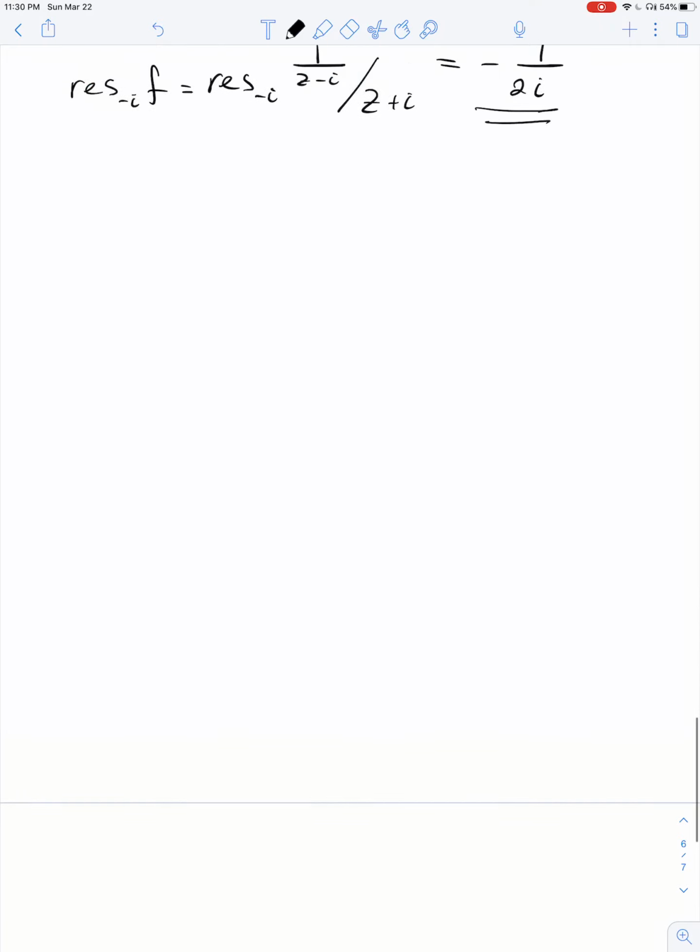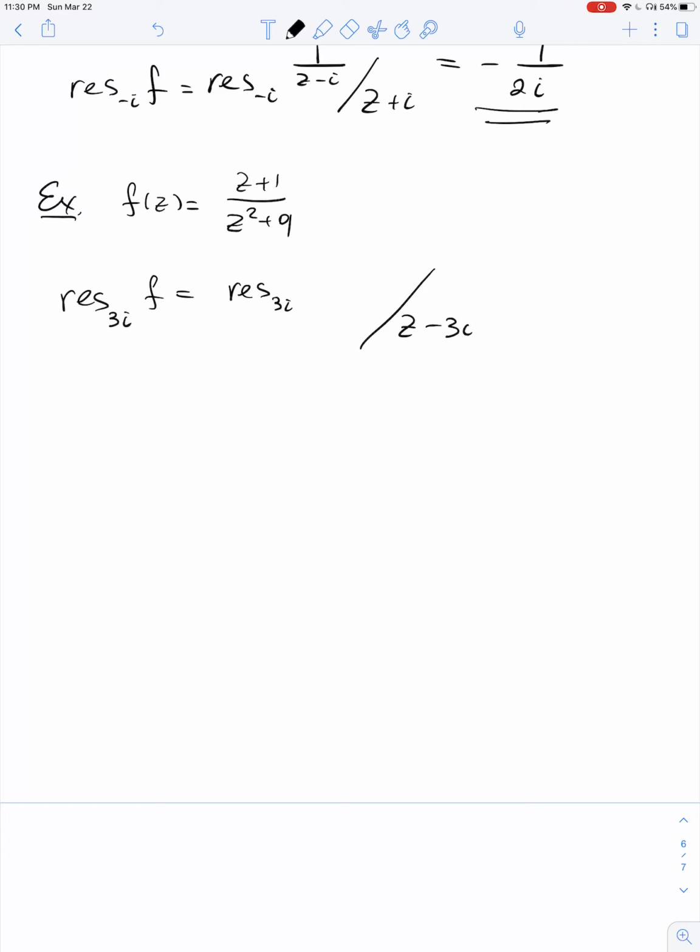Alright. So let's do one more example. Let's do f equal to z plus 1 divided by z squared plus 9. So let's do residue at 3i, for example. Obviously, plus or minus 3i are the problematic points of f. So what do we have to separate? We have to separate z minus 3i.